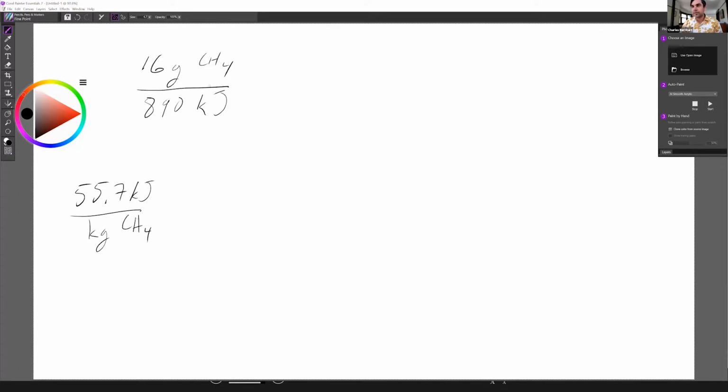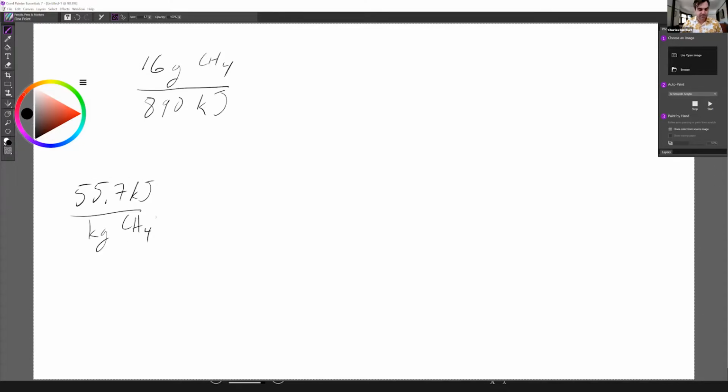All right, so we burn this. So the question is, well, this definitely isn't methane because 16 grams gives this, so 1 kilogram is going to give way more.